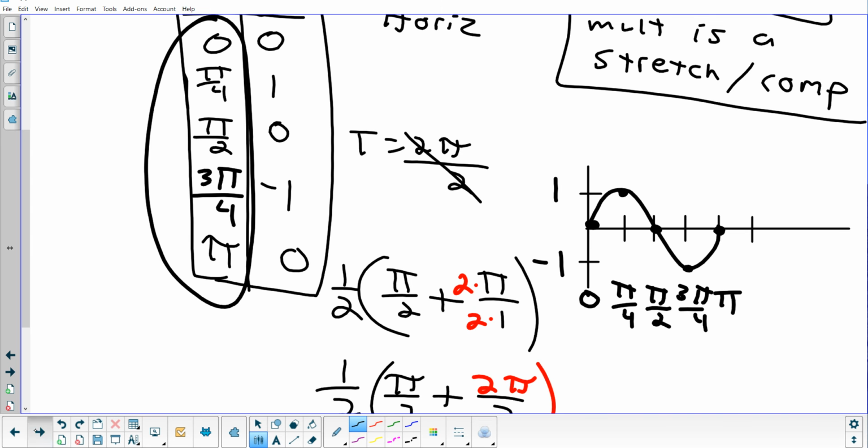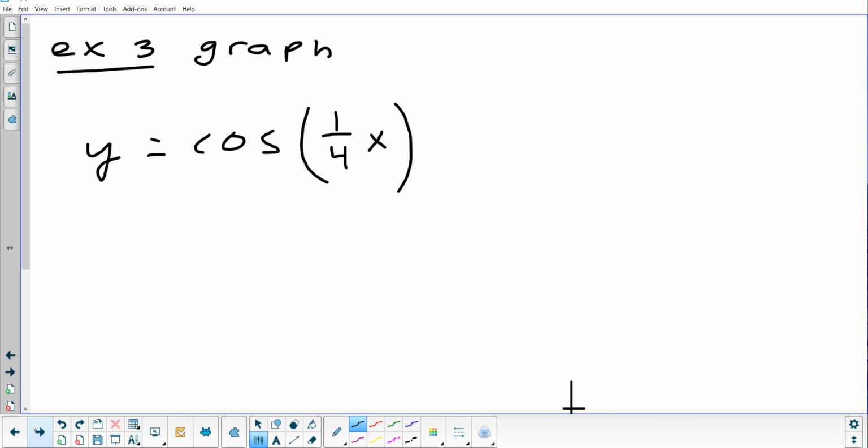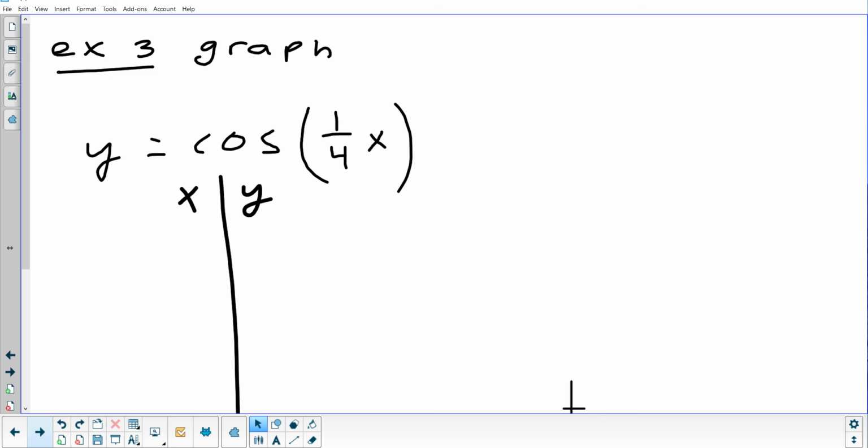All right, so let's take a look at this one: cosine 1/4 x. I've gone through it a bunch of times. Can somebody tell me what are the 2 things that you look for that tells you what kind of transformation this is? If it's inside the parentheses, it's going to be horizontal.